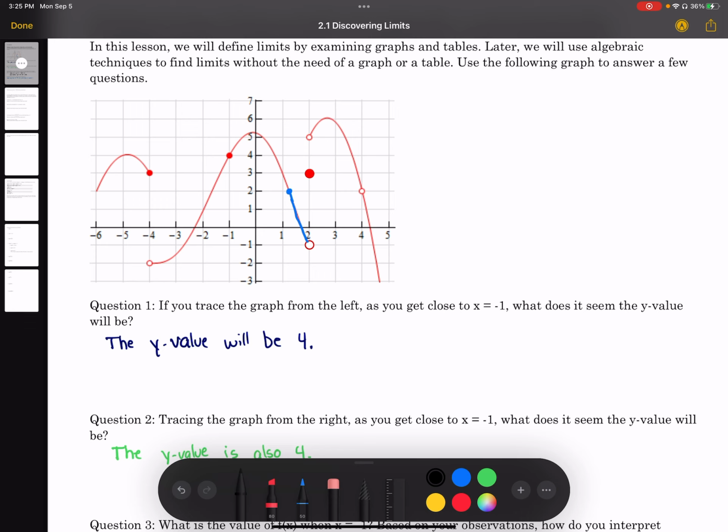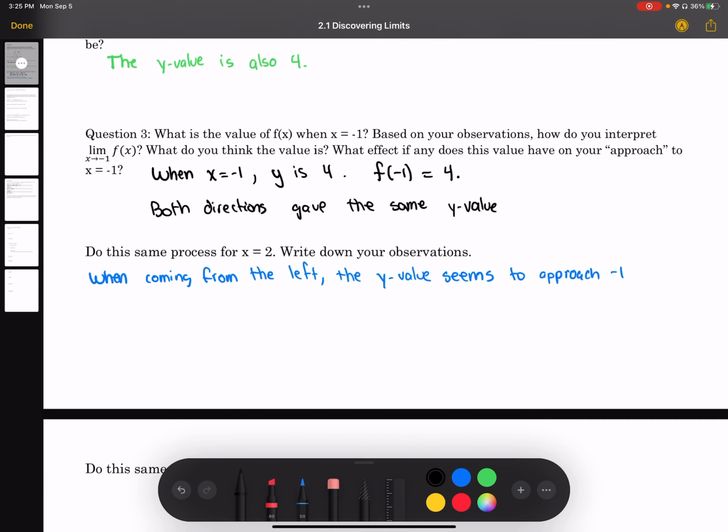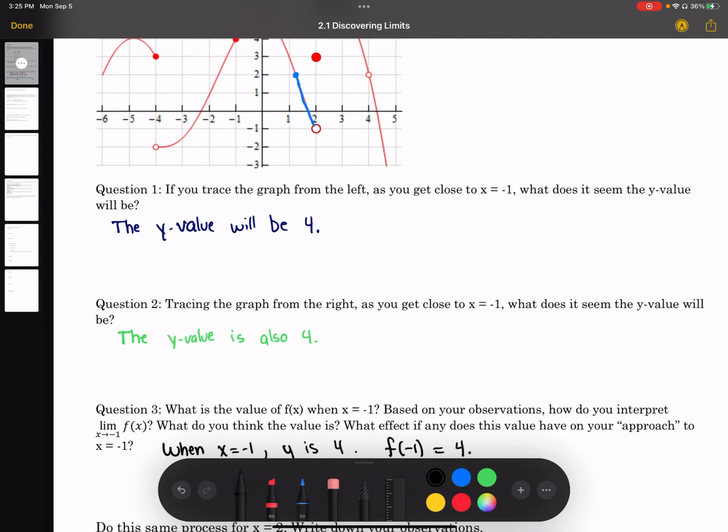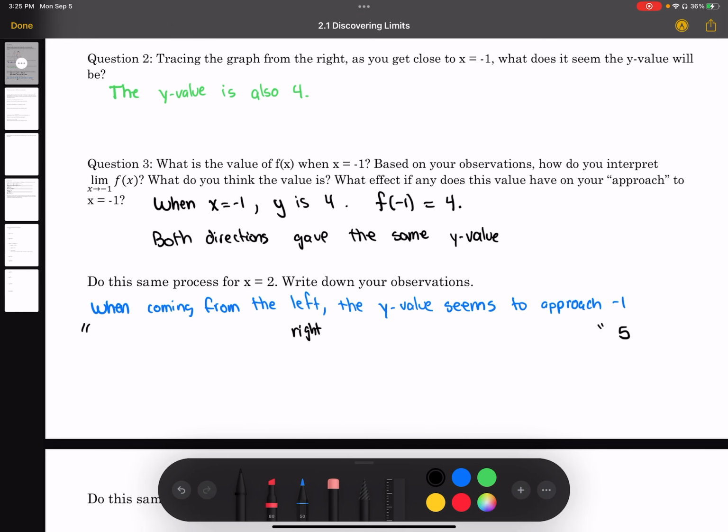And then if we do this from the right, again very close, but not exactly 2, and head to 2, it seems like our y values want to get very close to 5. So we'll write, when coming from the right, the y value seems to approach positive 5. Let me make sure that was 5. Yep, positive 5.